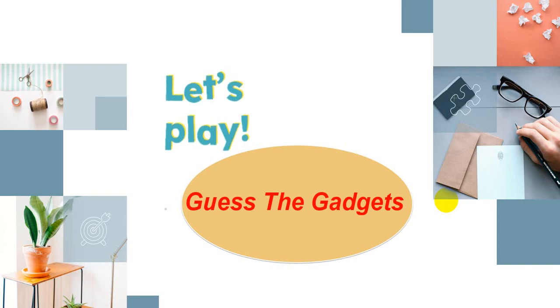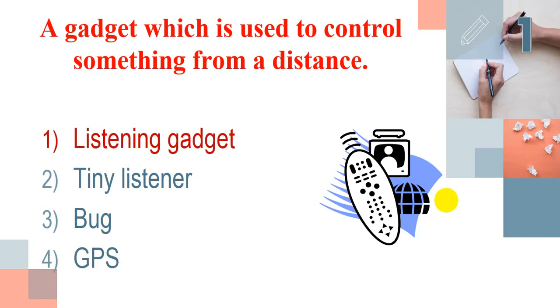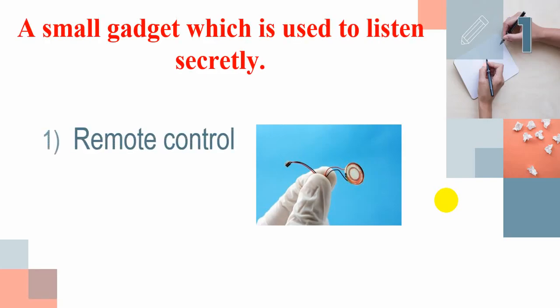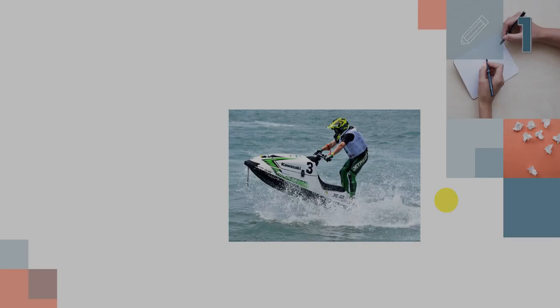Let's try. Let's play guess the gadgets. A gadget with a use to control something from a distance. Is it a listening gadget? A small gadget with a use to listen secretly. Is it a remote control?